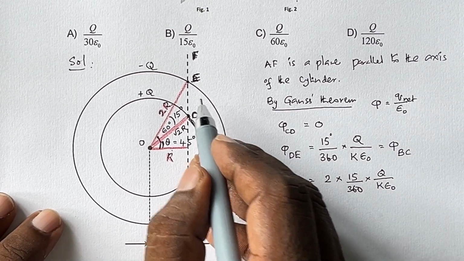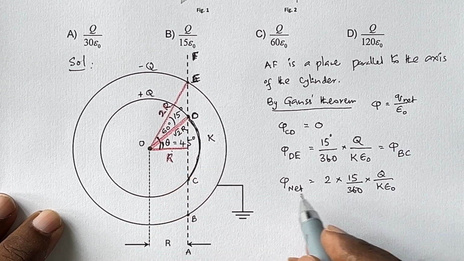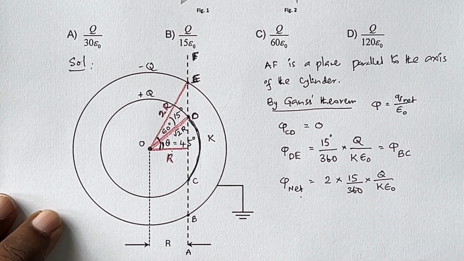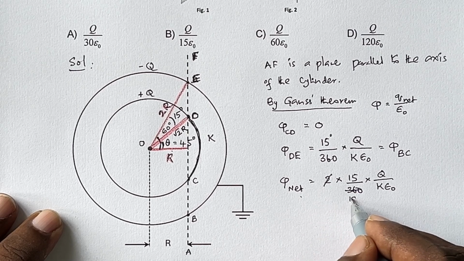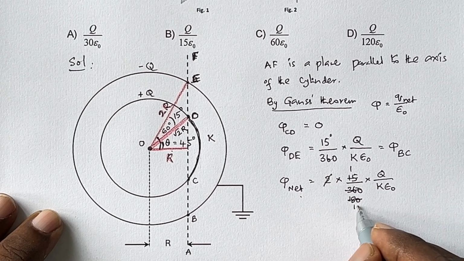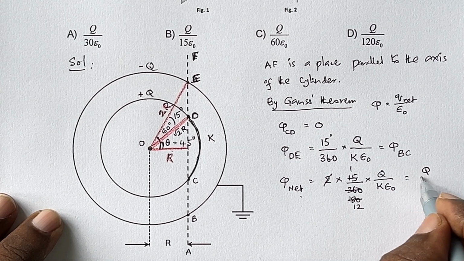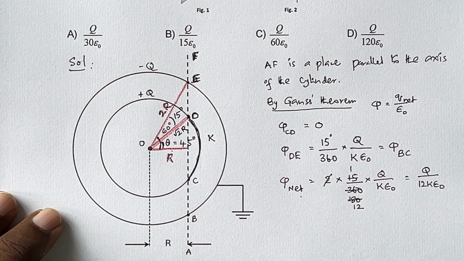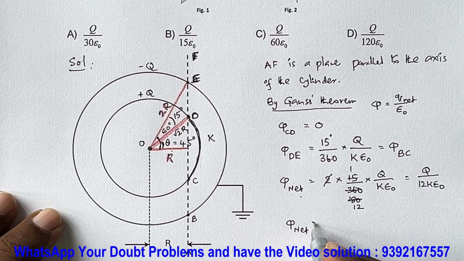Actually, the minus Q will come here, as it is outside, but we are only calculating the magnitude, so I am omitting the minus. 2 ones are 2, 15 twelves are 180, so we get Q by 12 K epsilon naught.